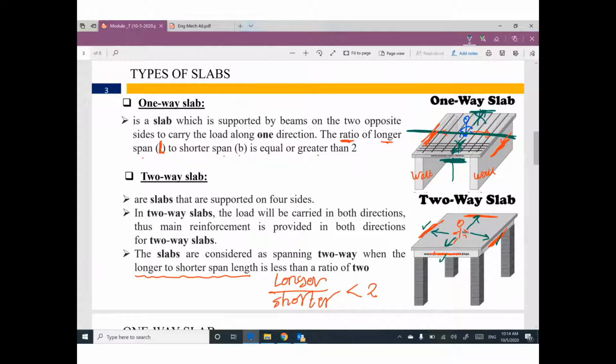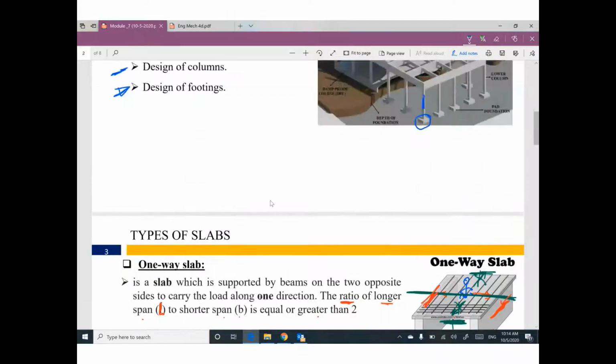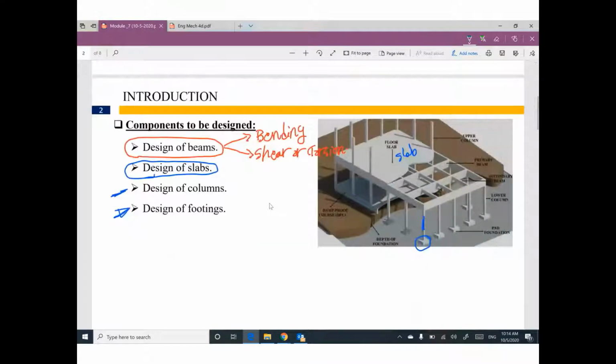Guys, you should know the sequence for this structure. If you are standing on this floor, your load as a live load is supported by the slab. Everything on the slab, including the own weight of the slab, is supported by beams.